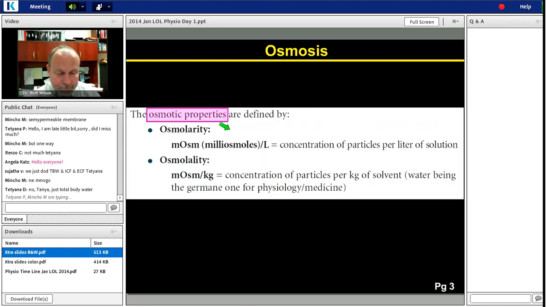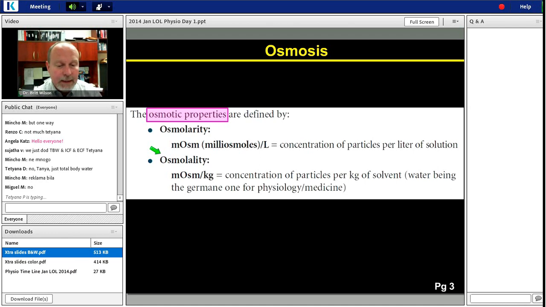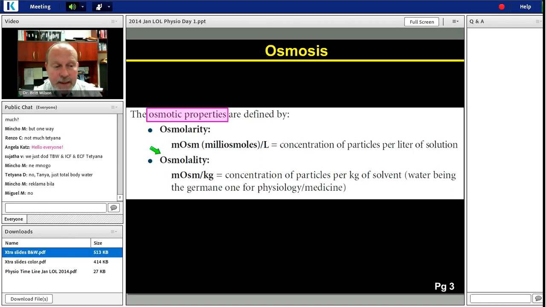All right, let's think about osmotic gradients and osmotic properties. We can define the osmotic properties of a solution as either osmolarity or osmolality. Doesn't matter clinically. All this is a quantitation of the osmotic properties of a solution.